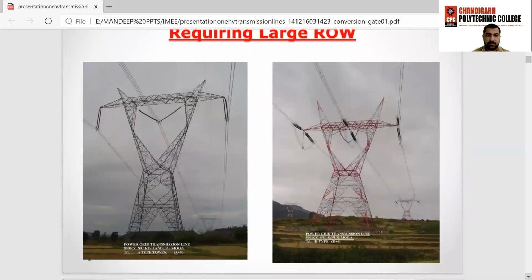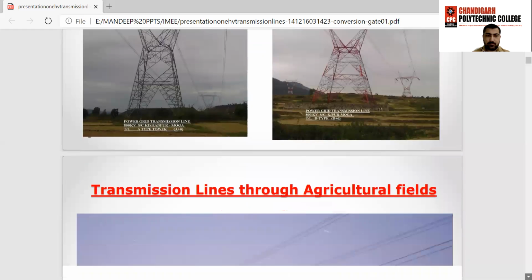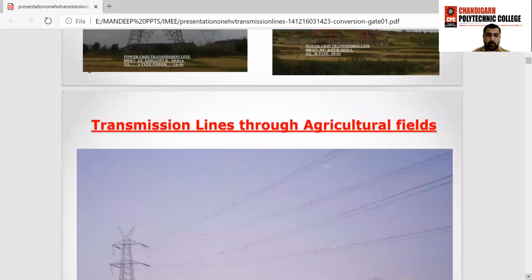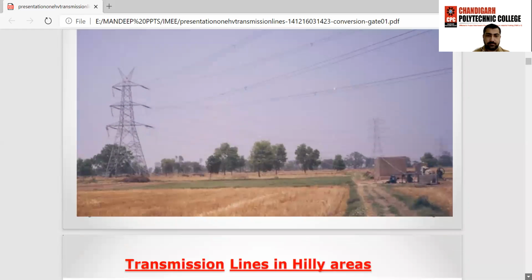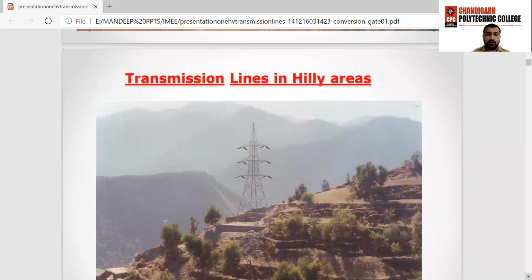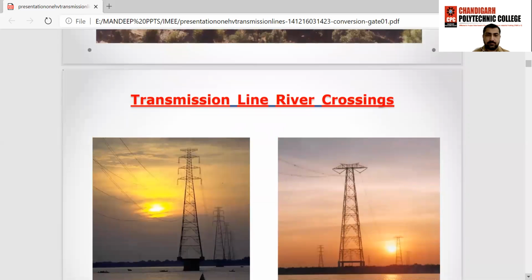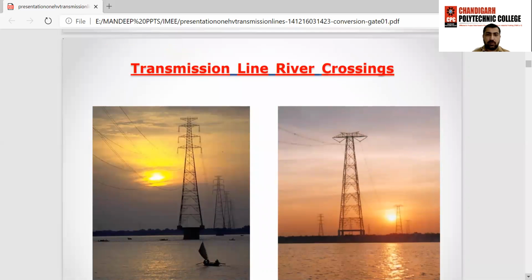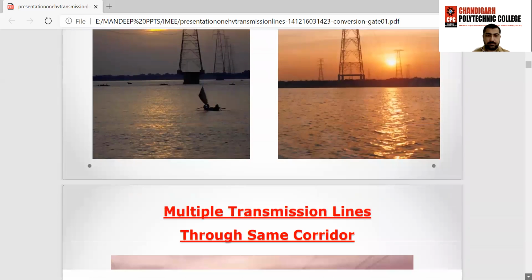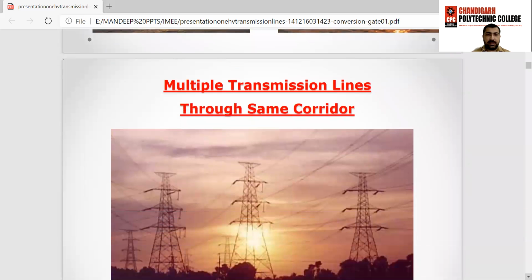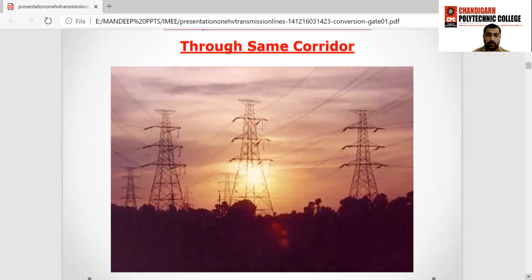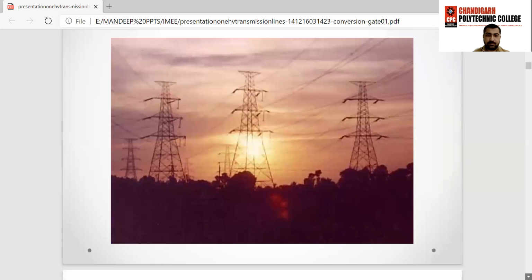These towers belong to the power grid, through agriculture fields and through the hilly areas and over the road crossings. And here are multiple transmission lines through the same corridors in the same area.